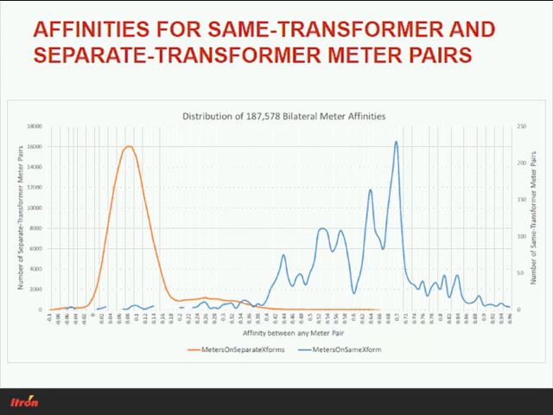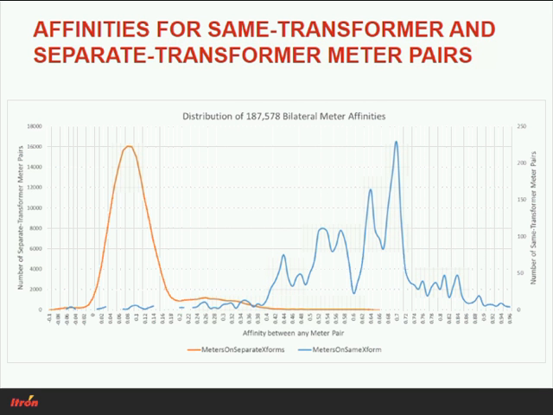And the blue line shows the affinity of meters that, according to the same utility records, are on the same transformer. The blue line is a lot more jagged, simply because there are fewer numbers. It's on the right-hand side here. That's not surprising. There are many fewer combinations of 2 meters within one transformer than between any one of those meters and all the others that are within a reasonable distance. So you will always have fewer meters that are putatively on the same transformer than those that are not.